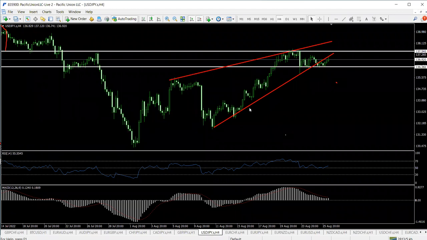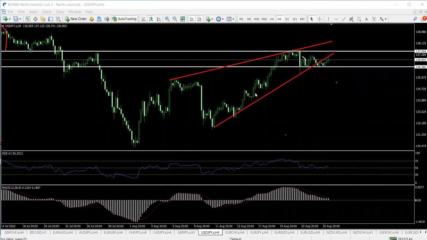Once the neckline is broken, and this is a rising channel, a rising wedge here, if you have a double top at the tip, it could aid the bearish movement of that instrument. So I see bearish bias on USD CHF and USD JPY.